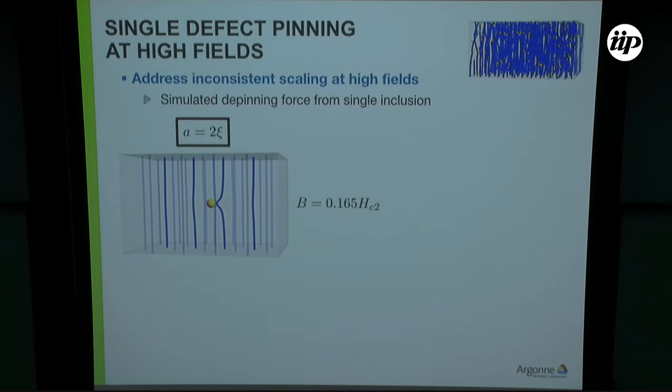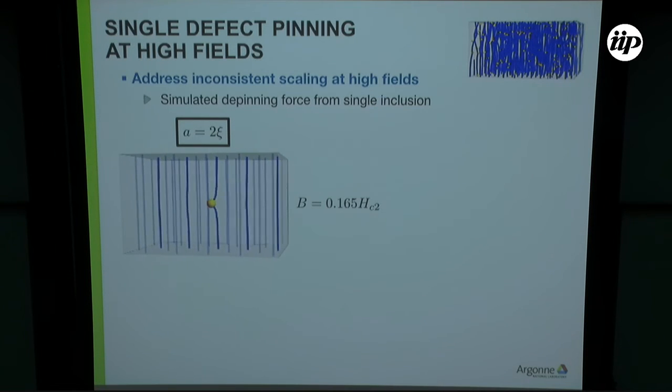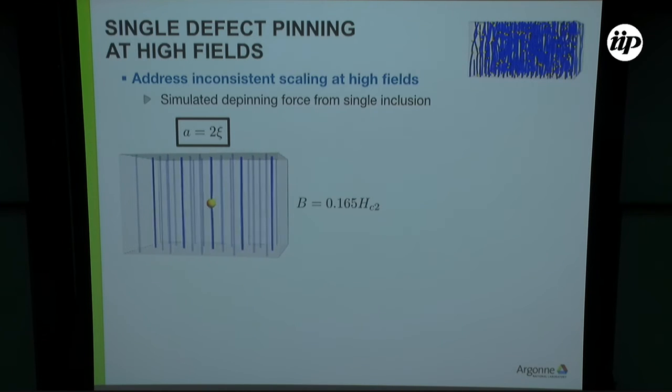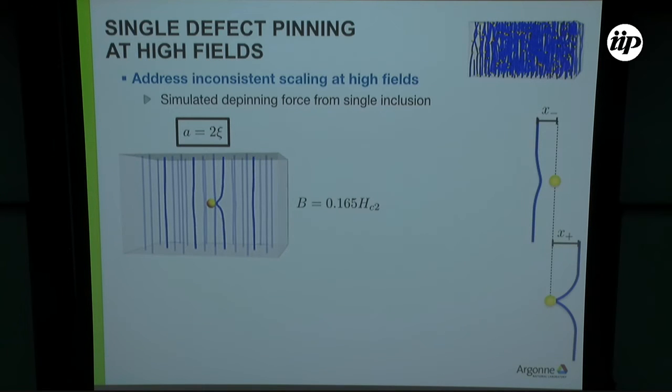So here is a picture of the critical state, just when this vortex depins from the defect. But we can actually, from the simulations, even make a movie and see that the vortex depins at a certain current, and then the next vortex jumps in. And from making such movies, we can actually extract more than just the pinning force.